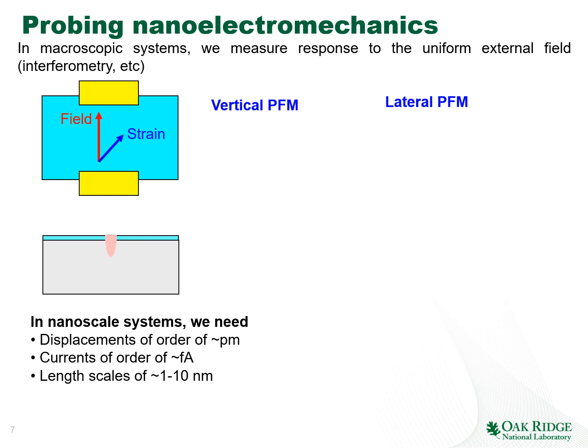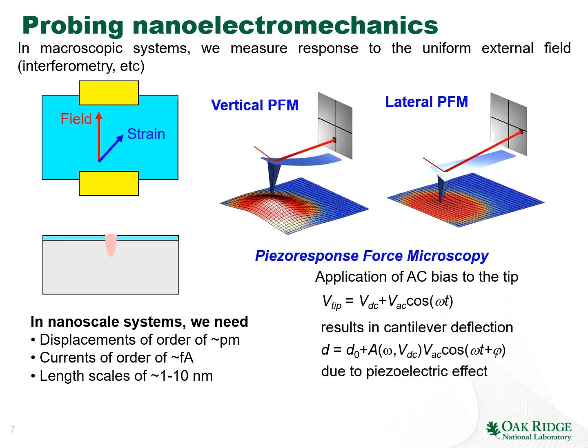If we want to measure the electromechanical coupling, we either need to measure displacements of the order of picometers, or we need to measure currents of the order of femtoamps, depending on whether we measure the inverse or direct piezo effect, and we need to be doing it on the length scale of 1 to 10 nanometers for doing something interesting. Question is, is it even possible? And the answer is yes, it is.